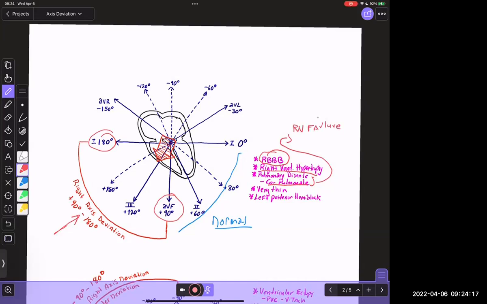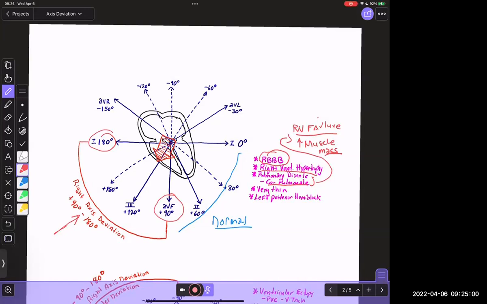And as that muscle experiences hypertrophy, as you get this muscle that is increasing in size and density, you're going to have more electrical forces there, more tissue there, and therefore you're going to see the depolarization, I should say, of that thicker ventricle show up on an EKG.